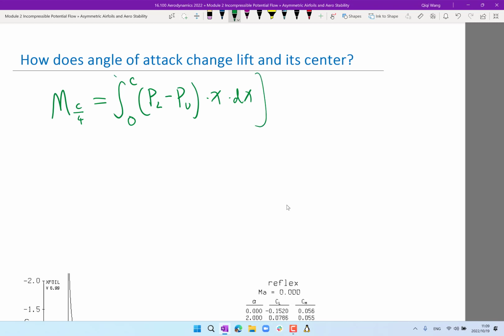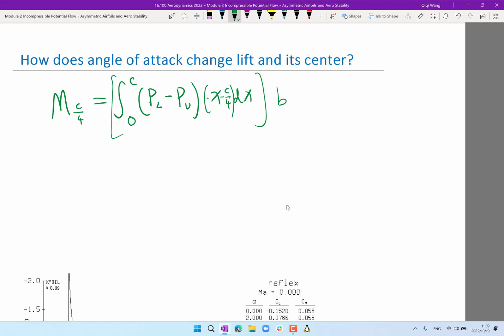The whole thing times the span, right? So that's how much moment is around the leading edge. But if you want to compute the moment around the quarter chord, you need to change the x to x minus a quarter chord. So that's the formula for computing moment around a particular point, right?